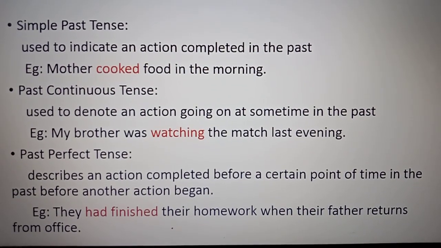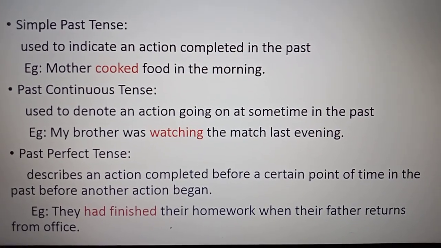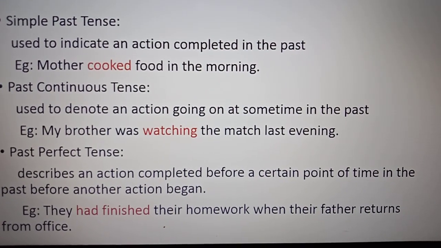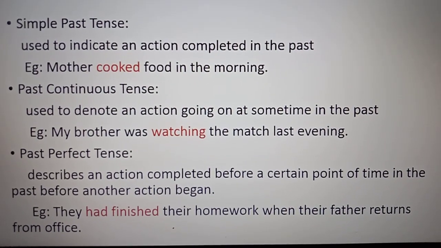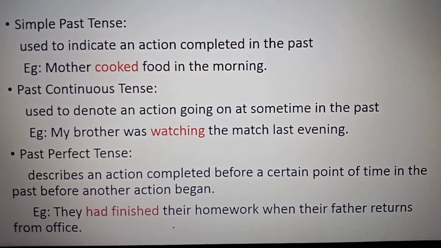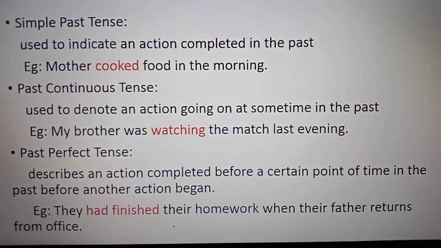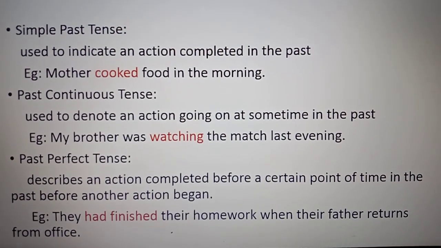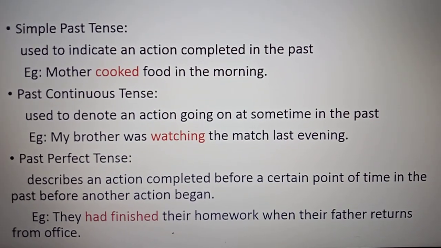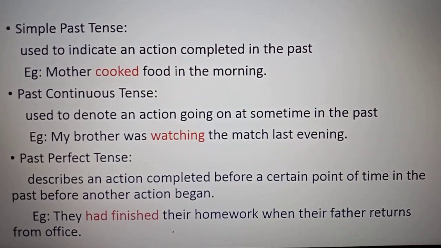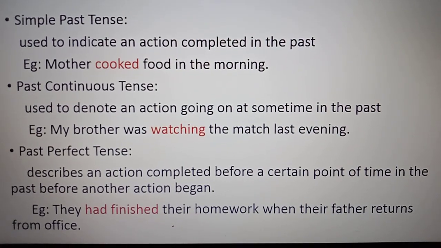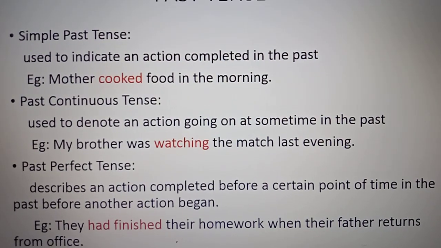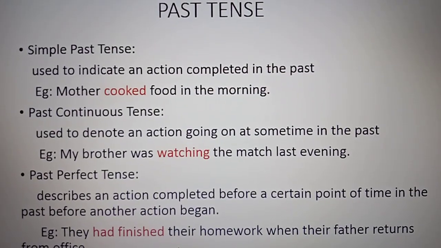So you can see the form, children. Here my brother is the subject, and the be form: in the present tense we add is watching, are watching. Here it will become was and were. We have already discussed the be form of verb. So in the past tense we add was and watching, that means verb plus ing form, which was there in the present tense also.